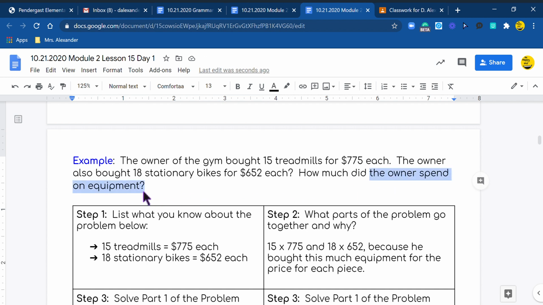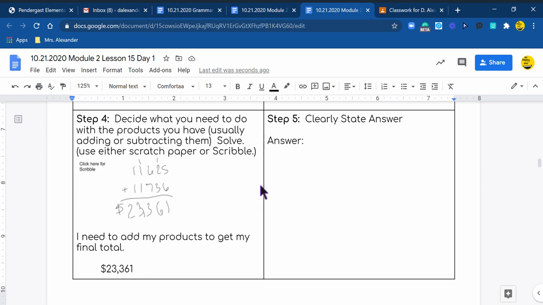So I'm going to just take this part of the question, Control C. I'm going to come right down here, and I'm going to go Control V. I'm going to capitalize the owner, change spent: The owner spent a total of $23,361 on equipment. And that is how we'll solve the multi-step problems.